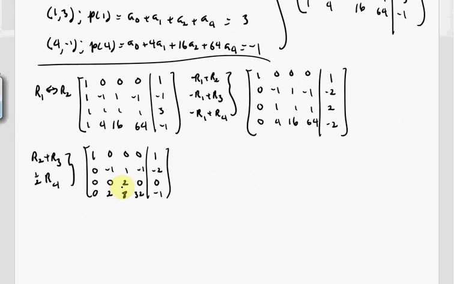And so what you can do is just say 1/2 times row 3, and then we're going to say 2 times row 2 plus row 4. That'll give us a 0 where that 2 is there.